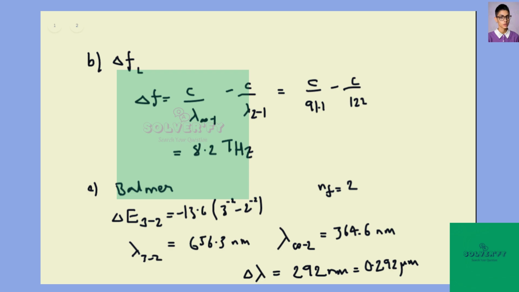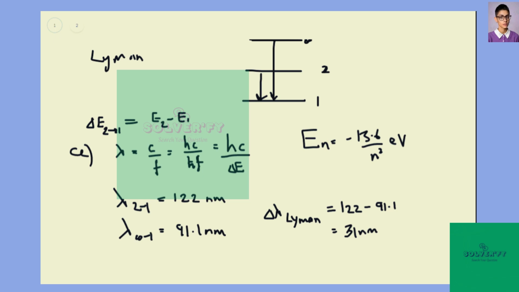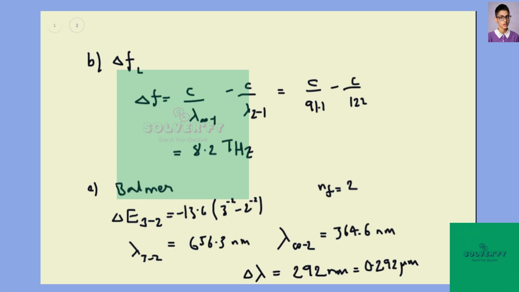So you see, compared to the Lyman series, which was on the order of 31 nanometers, this is roughly on the order of a micrometer.